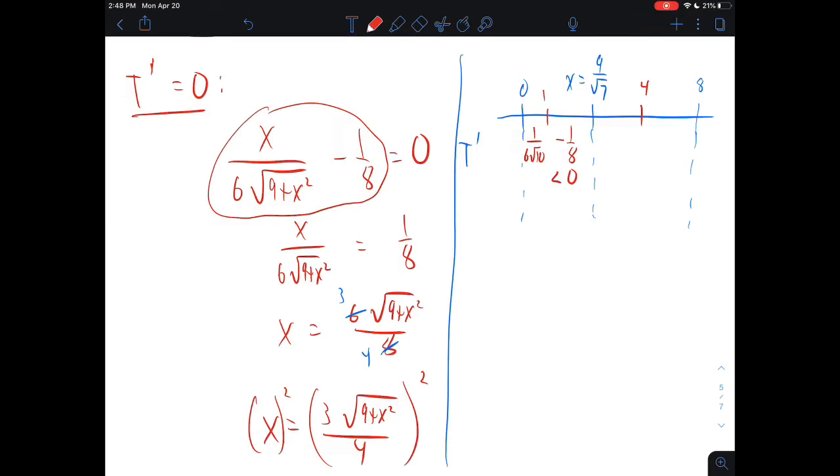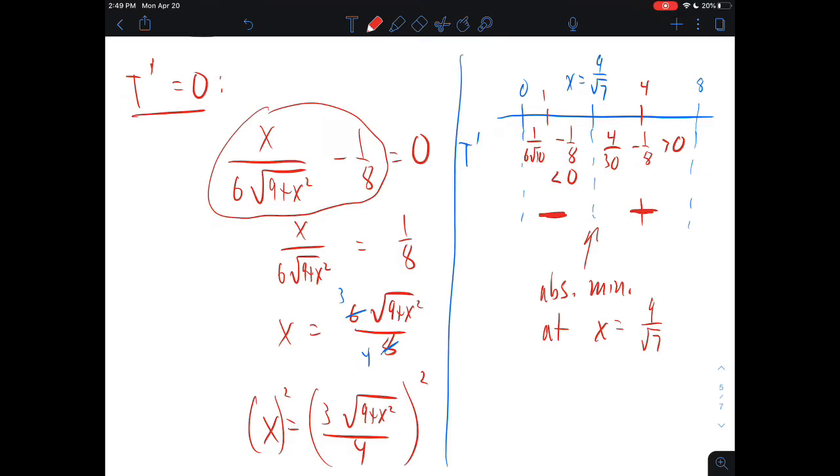On the other hand, if I take 4 and plug that into my derivative, I would get 4 over 6 times the square root of 25, or 30, minus 1/8, and that's going to be positive. So what I notice here is that I have negative for one part and then positive for the other part. And at that sign change, those are the only things that are going to occur with these critical numbers. That means I get an absolute minimum at x equal 9 divided by the square root of 7.